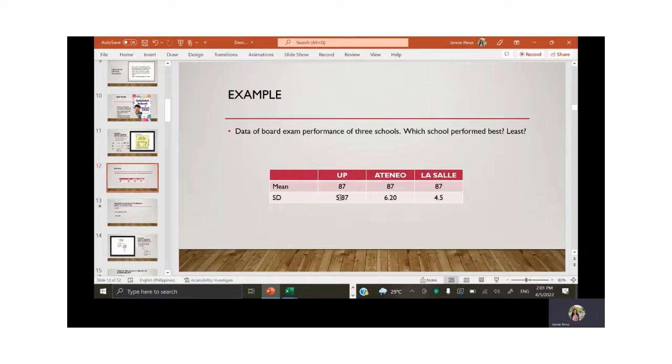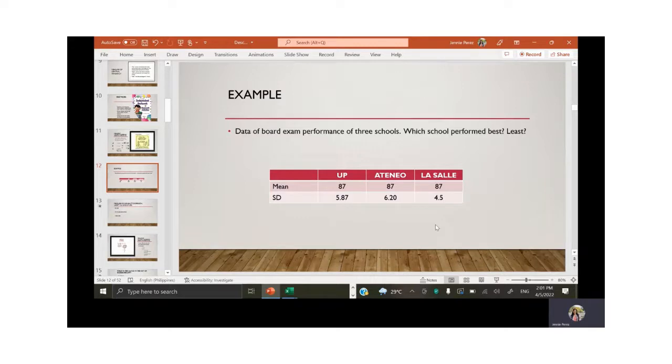But looking at the SD, you would see that Ateneo has the highest standard deviation, and LaSalle got the lowest standard deviation or measure of dispersion.